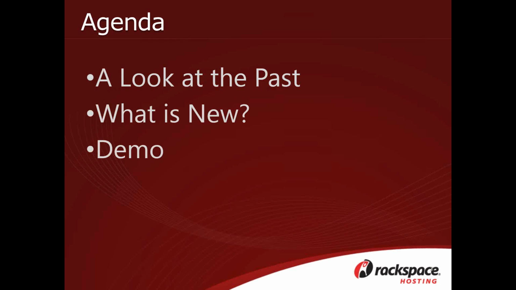So here's what we'll be talking about today. We'll take a look at the past, what Office Web Applications meant to us previously, and how it was architected. I'll assume you're somewhat familiar with that, so I'm not going to go into too much detail. We'll look at what's new, how the new Office Web Applications for 2013 has changed, what's great, the latest things, and things you should be aware of and telling your coworkers how great it is.